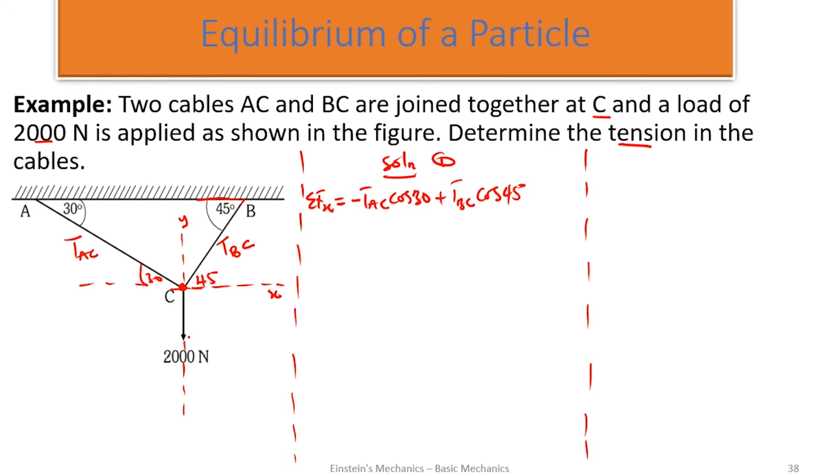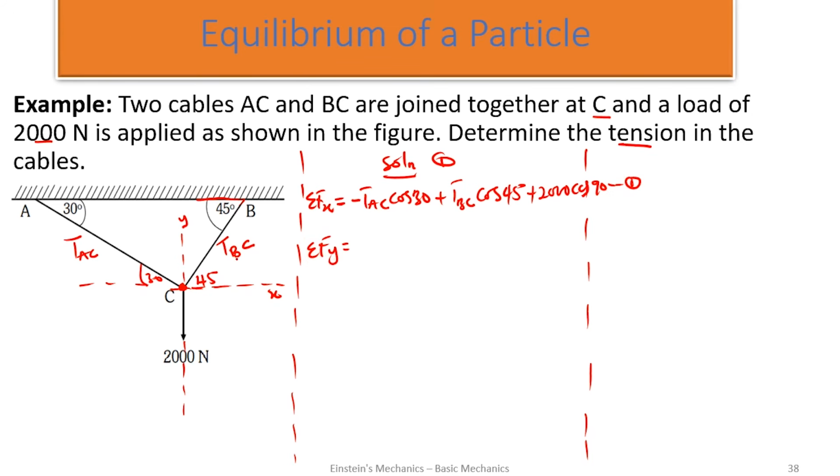And this, you can choose any direction because it is on the straight line or it's on the y-axis, plus 2000 cos, what's the angle between this and the x-axis? 90, which is cos 90 is 0, so it will take care. And remember, we have this as equation 1. So summation of forces on the y too.